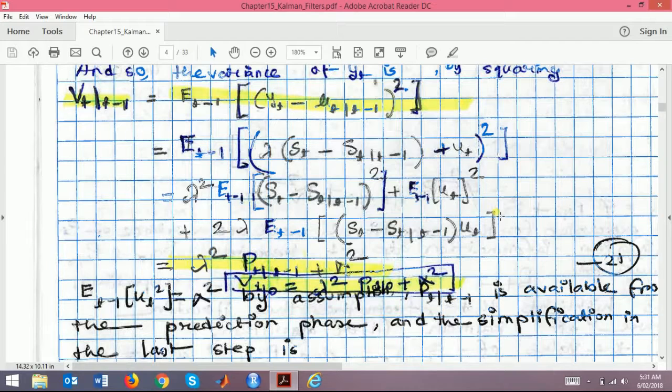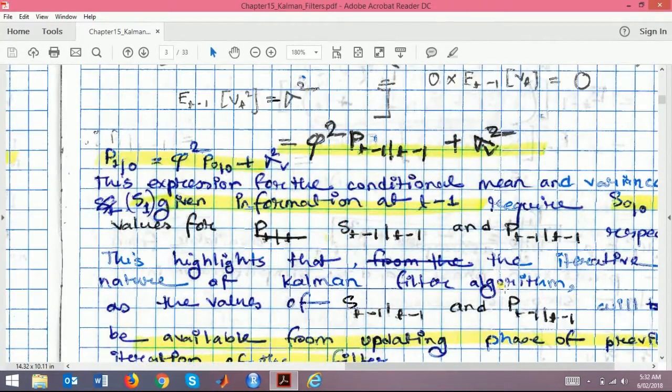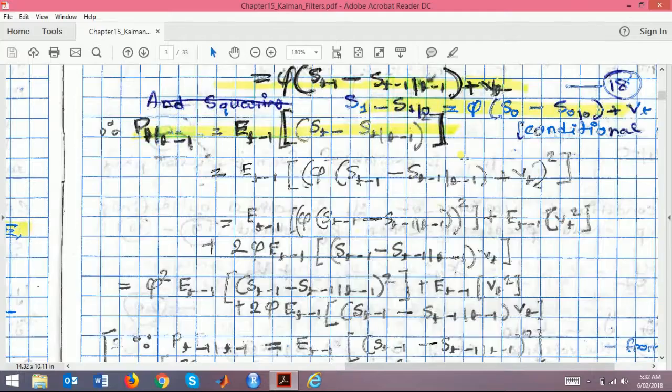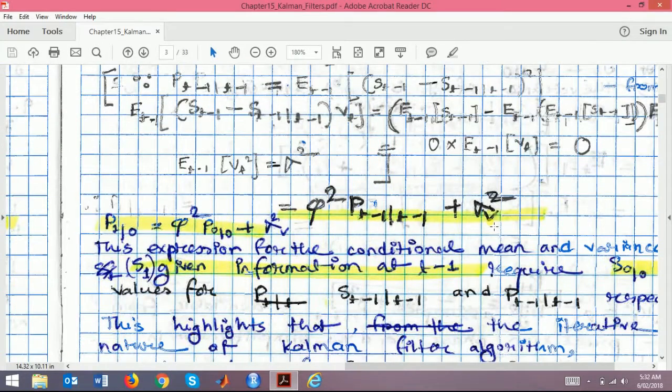So let's start from the beginning. What did we learn? S1|0 is phi S0|0, then S1 minus S1|0 whole squared, or the variance, gives you: S1 minus S1|0 equals phi S0 minus S0|0 plus vt, and that was the prediction error in the beginning.